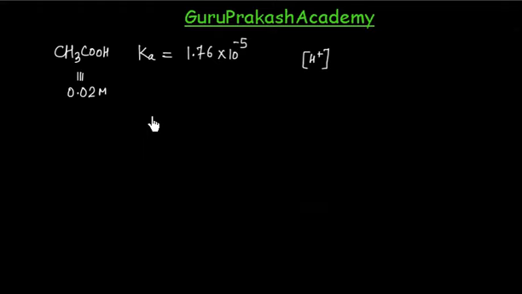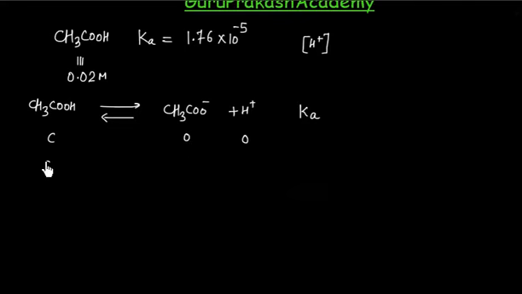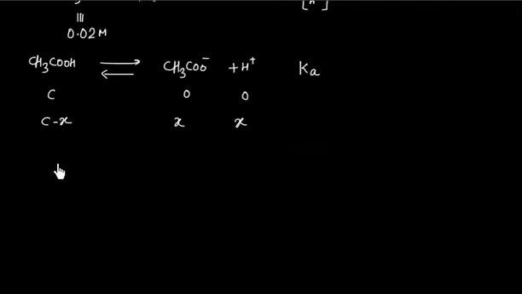So let us say I have acetic acid and this will dissociate and give you CH3COO minus and H plus, and this Ka value is given to you. Initially I have C, 0, 0. At equilibrium this is C minus X, X, X. Now if I do the approximation, I will have X equal to square root of Ka times C. This we have already discussed.